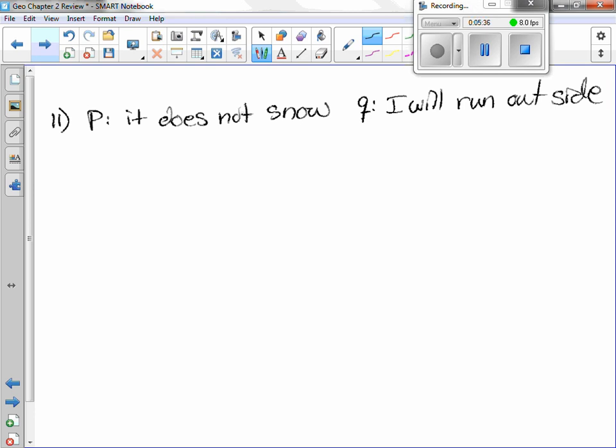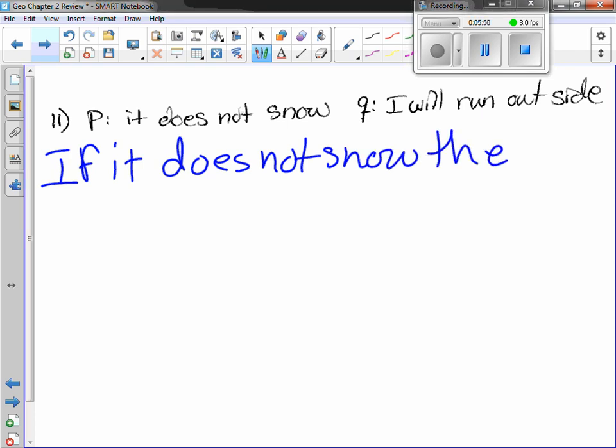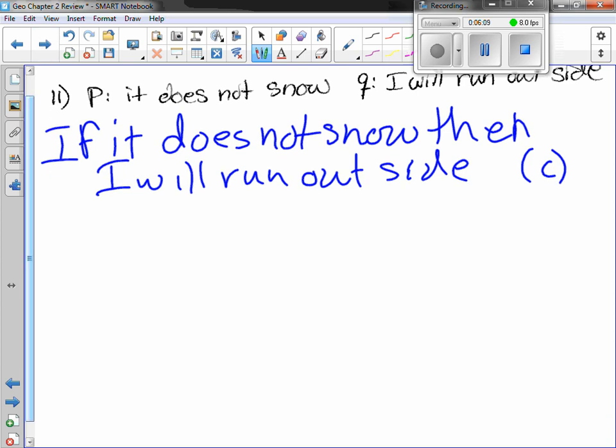So our conditional statement says P implies Q. So our P statement is, if it does not snow, then I will run outside. This is our conditional statement. If P, then Q.